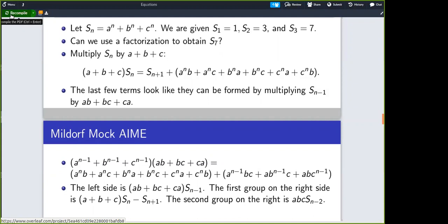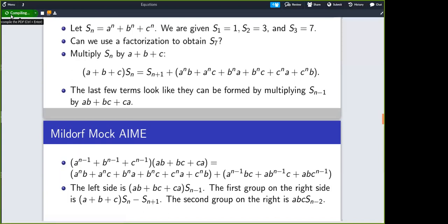And as we said, the second group was ABC times Sn minus 2. And so if we substitute all of those into the equation, we get this relation here.